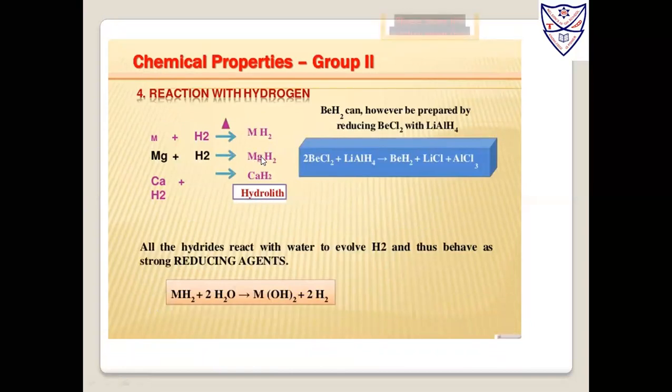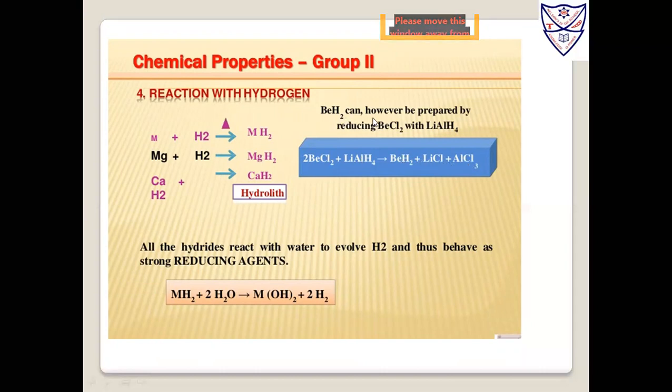Now, reaction with hydrogen. Magnesium plus hydrogen gives magnesium hydride, that is MgH2. How? Because Mg is Mg2+ and H is -1, so the 2 comes down. So MgH2, CaH2. CaH2 is called hydrolith. See here, BeCl2 plus LiAlH4 gives BeH2 plus LiCl plus AlCl3.